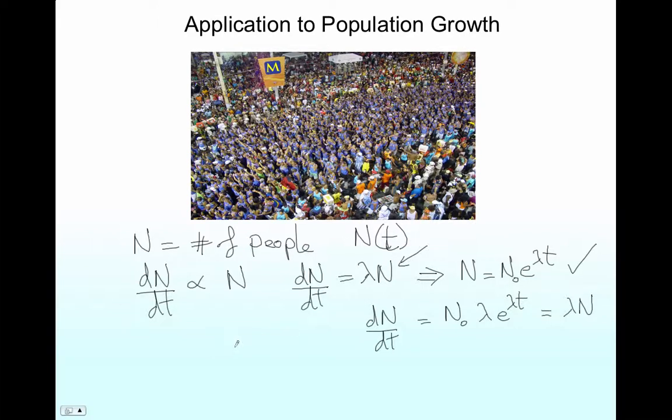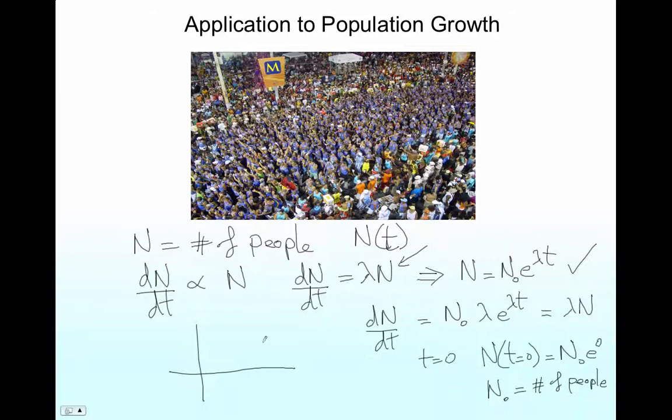How does one understand the result? At t equal to 0, we have n at t equal to 0 is n naught e to the 0, and e to the 0 is 1. So n naught is the number of people at the starting time.